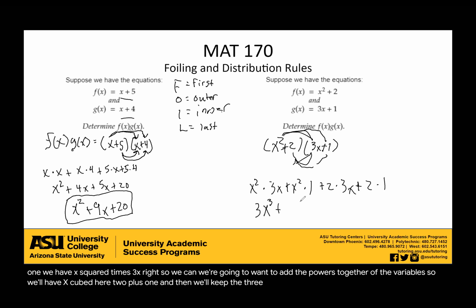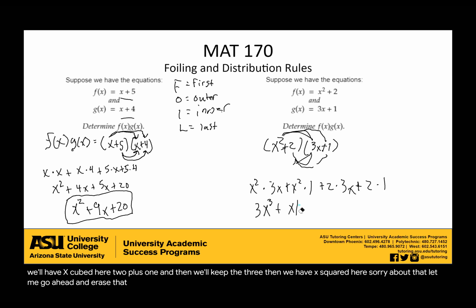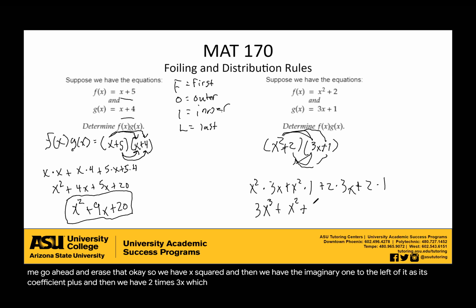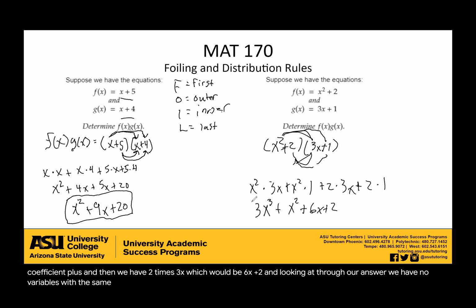Then we have x squared here, with the imaginary 1 to the left of it as its coefficient, plus 2 times 3x, which would be 6x, plus 2. Looking through our answer, we have no variables with the same power, so we know that we're done.